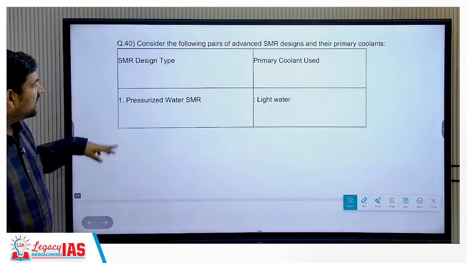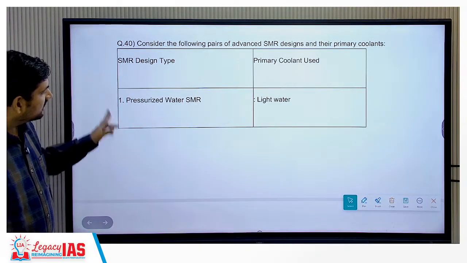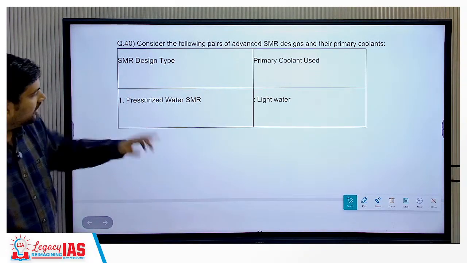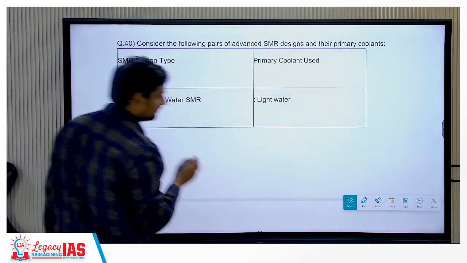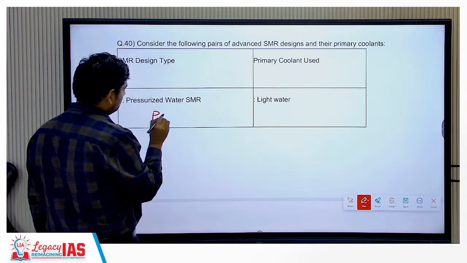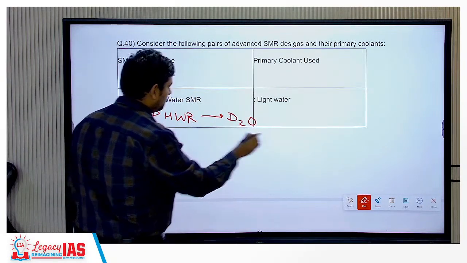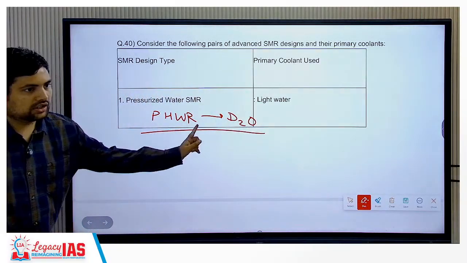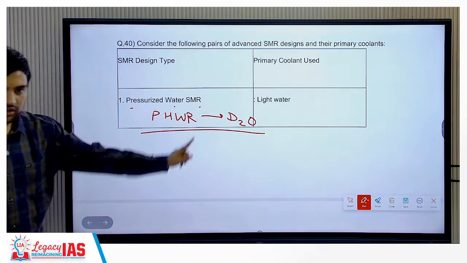Then SMR design types. Okay. Pressurized water SMR. This is light water, correct? Pressurized heavy water reactor. This is pressurized water SMR, not heavy water.